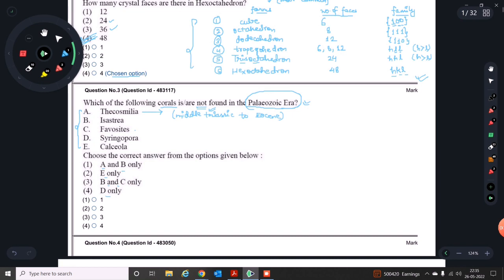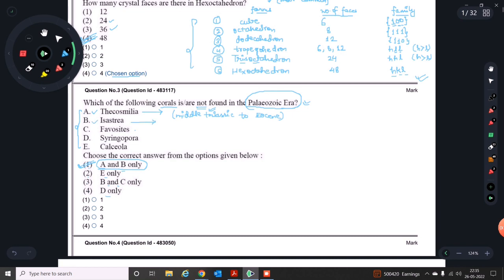So this first one is not from Paleozoic, so this will be one of the options. You can see the four options given, and A is only mentioned in the first one. So by only getting A correct, you can get the right answer. The first will be the right answer, A and B only.